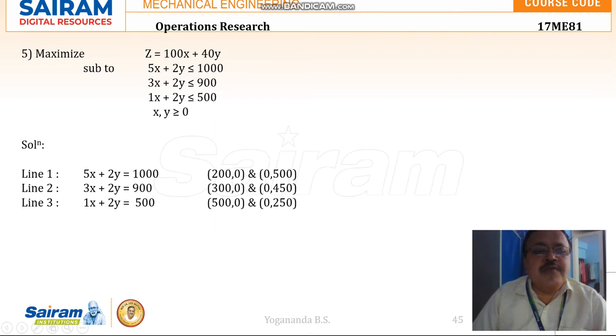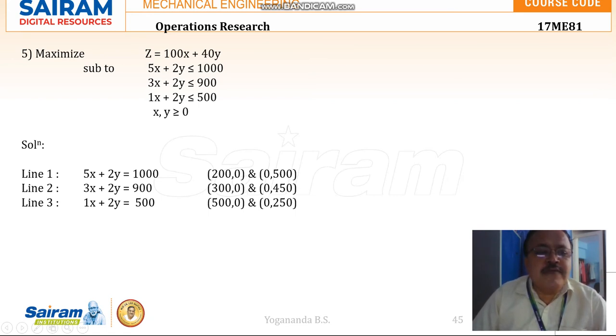So the objective function is to be maximized, subject to the constraints 5x plus 2y less than or equal to 1000, 3x plus 2y less than or equal to 900, 1x plus 2y less than or equal to 500, x comma y greater than or equal to 0.